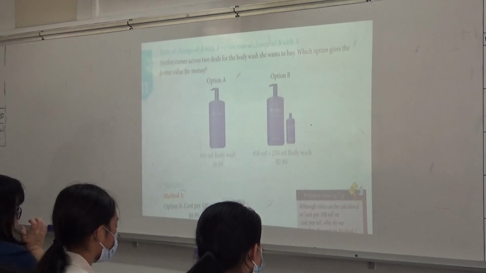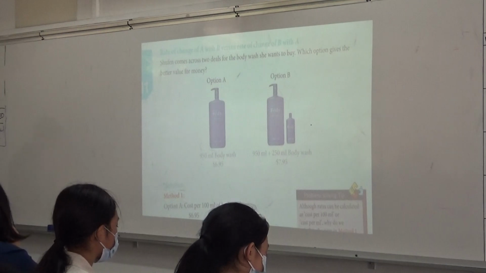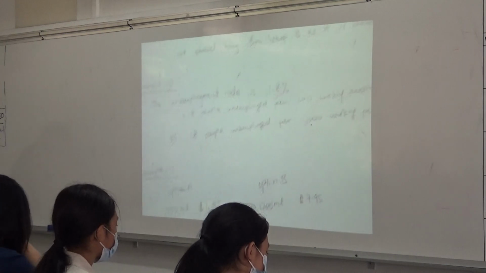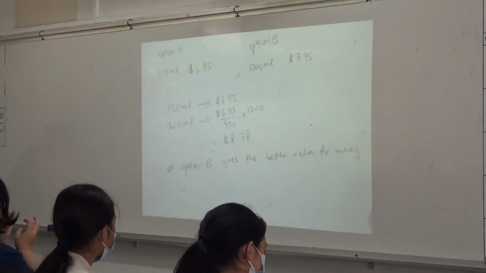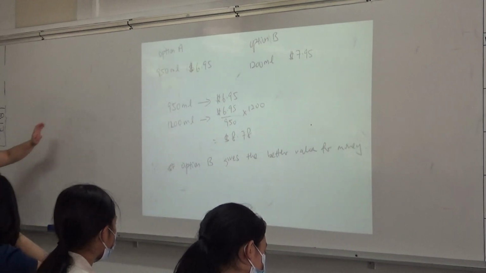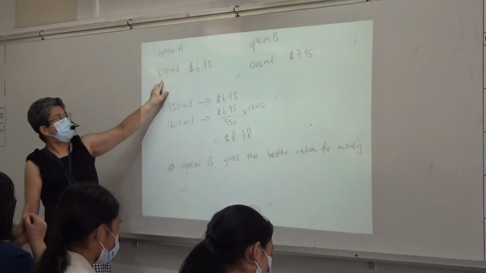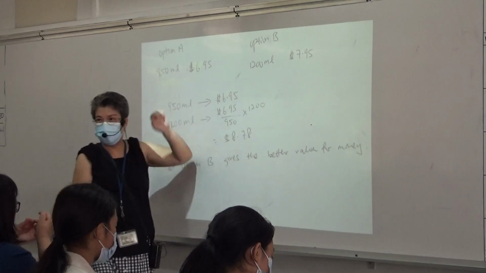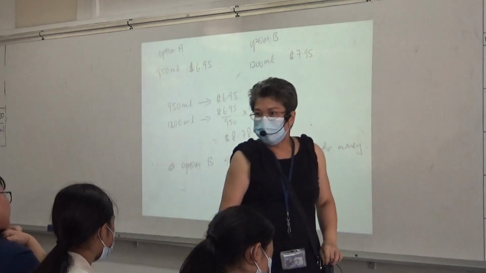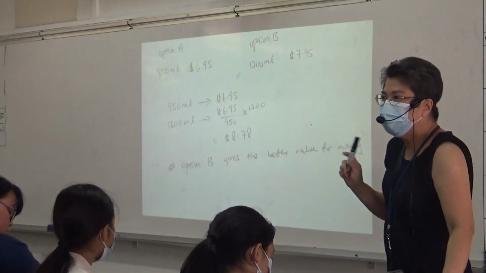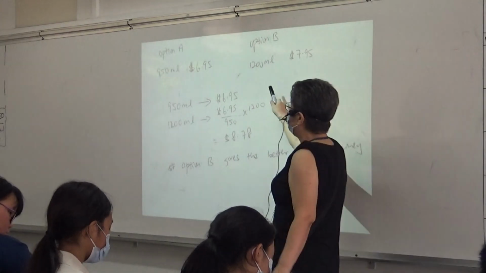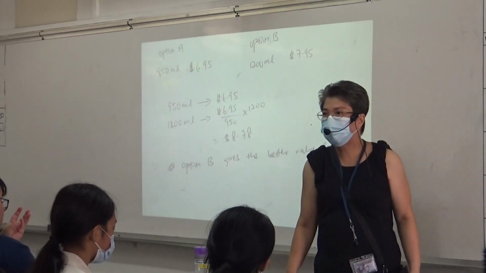So I'm going to show you my working. All of you look at my working. Alright? Can all of you look at example 11? Now, option A is 950 ml, 695, right? Now, option B, if I add the 2 together, do you agree that you'll get 1,200 ml?